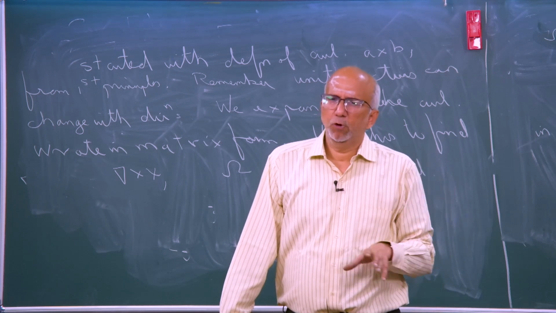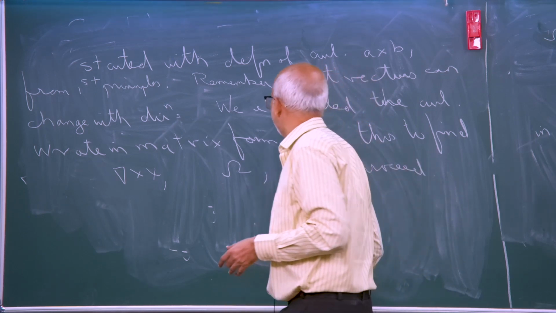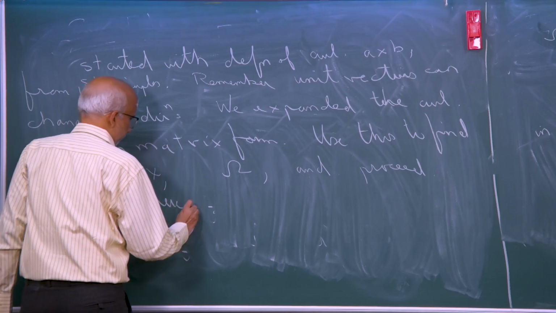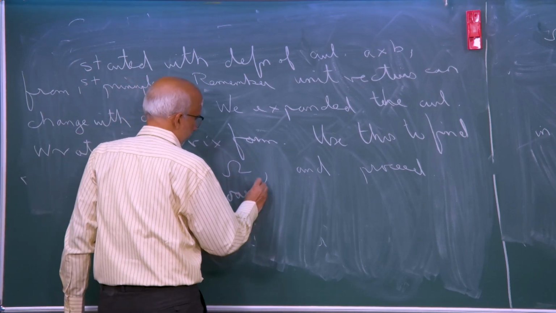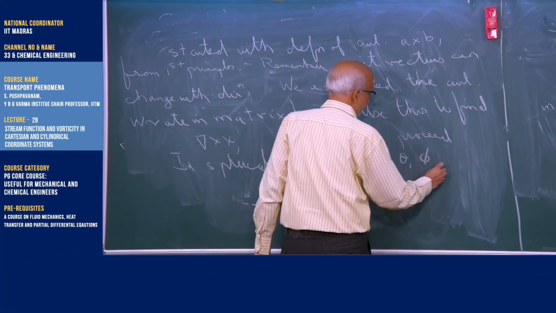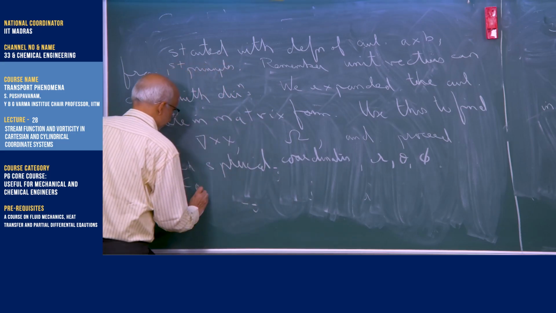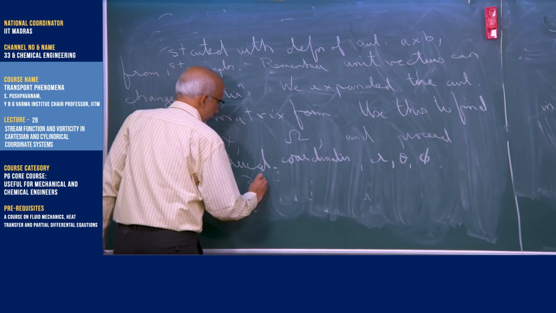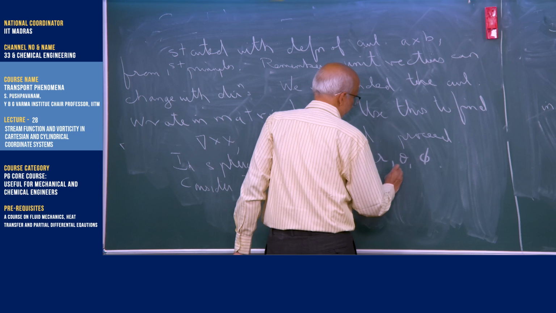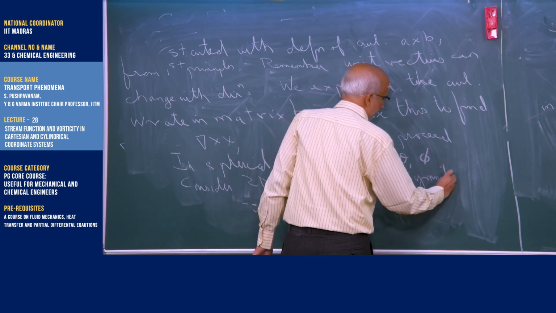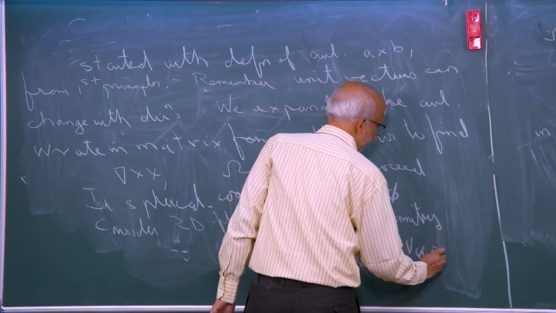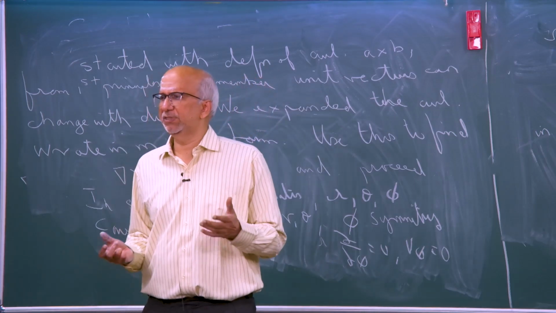So we are going to say flow is symmetric with respect to phi: consider 2D flows in r and theta, with phi symmetry, basically d by d phi is 0, v phi is 0. That is a typical thing which comes.